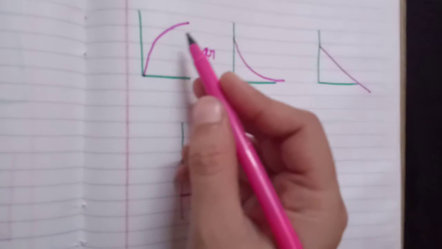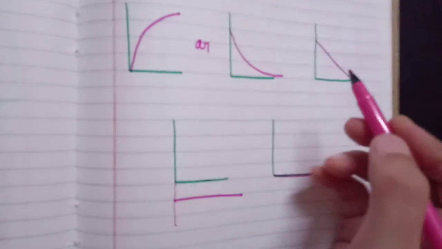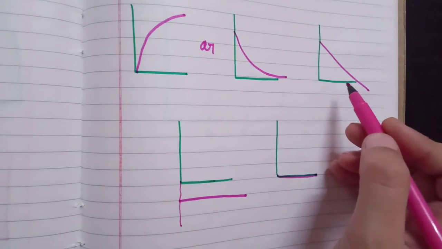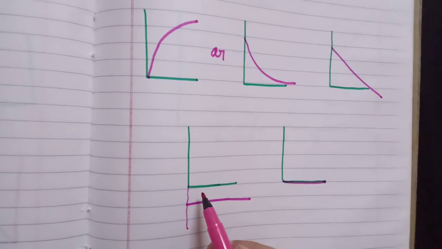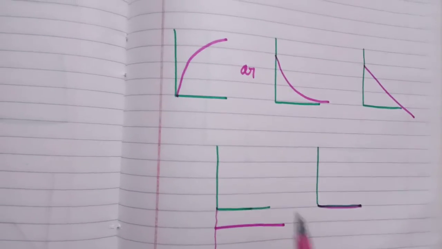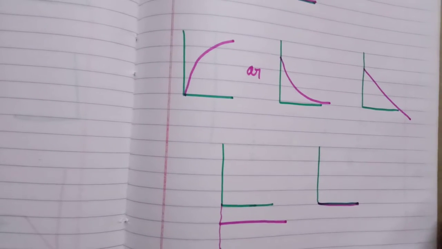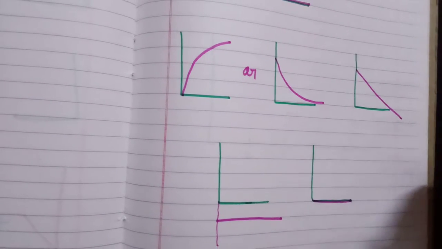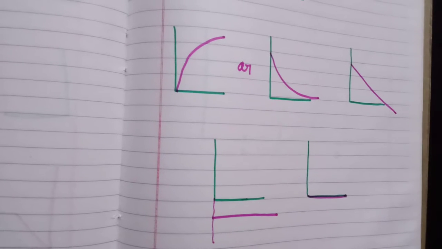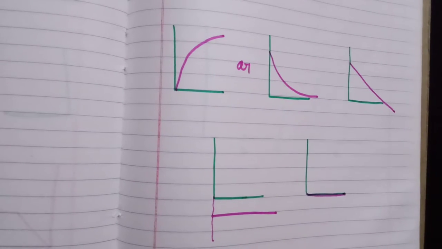Okay, if it is like this at the ST level, its VT level is like this and AT level is like this. I think you can understand. So whatever the condition on the VT graph, the AT graph is like this. By this trick you can easily solve all the problems.